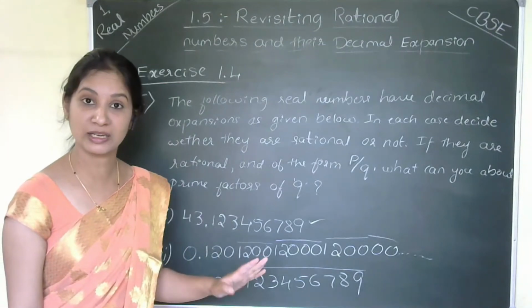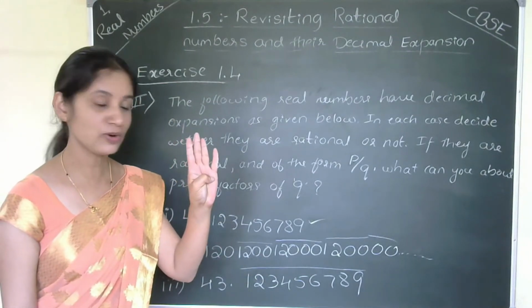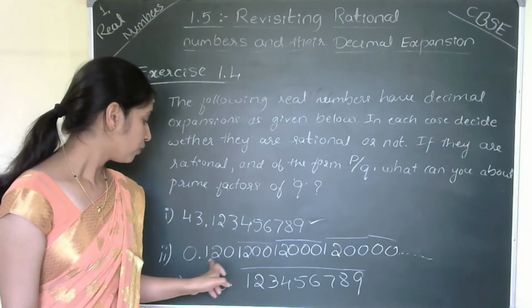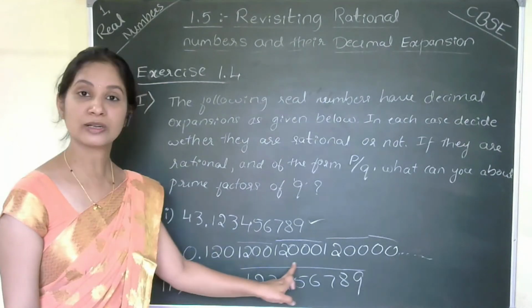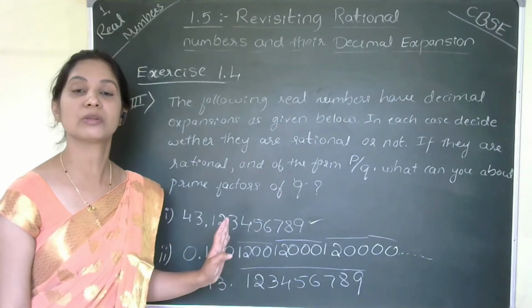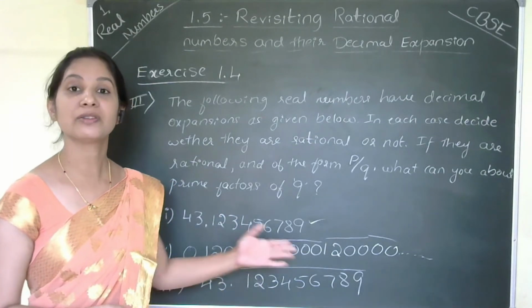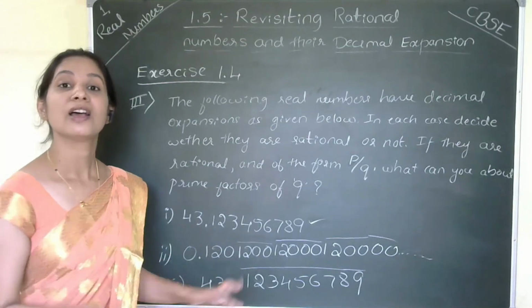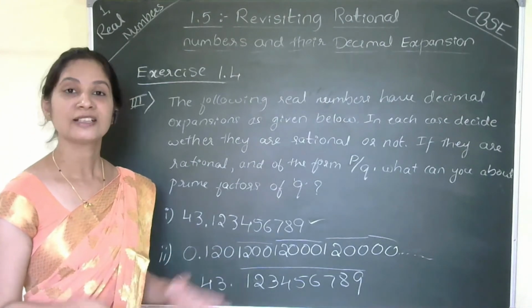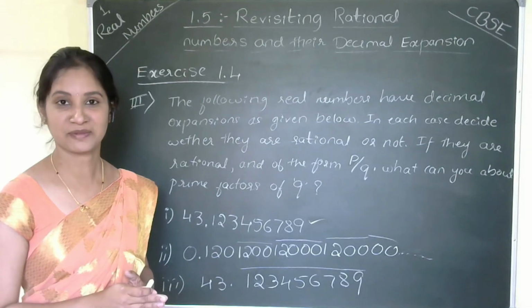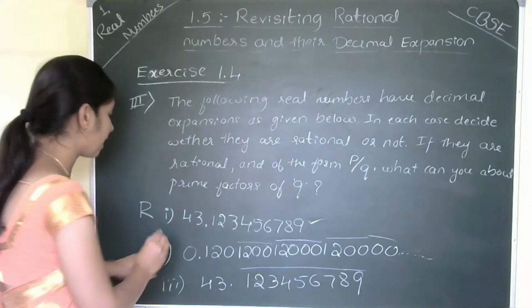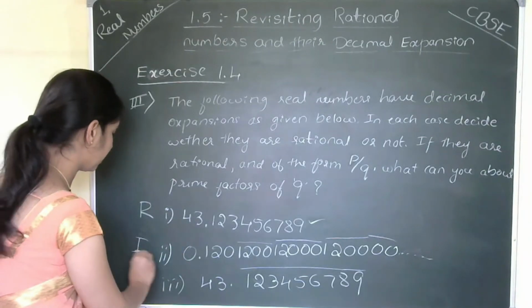It is non-terminating, and also it is not repeating. If it were 120, 120, 120, yes, it would be non-terminating but recurring. But here it is non-terminating as well as non-repeating, right? So it is an irrational number. Okay, the second one is irrational. So I will write R for rational, I for irrational.